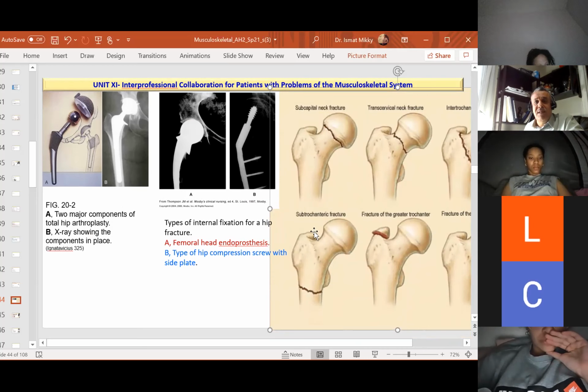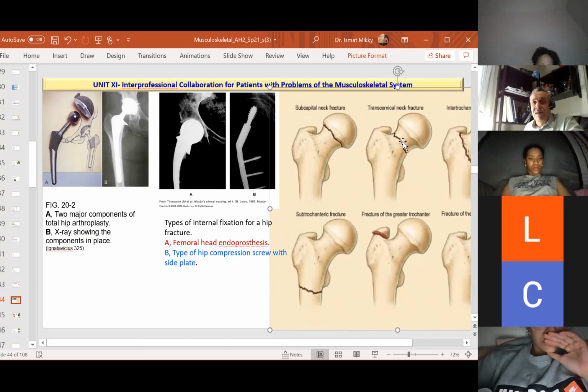This is because this is the lesser trochanter, greater trochanter. So this is the subtrochanteric fracture. So this is below the trochanters, the lesser and the greater one. Subtrochanteric.